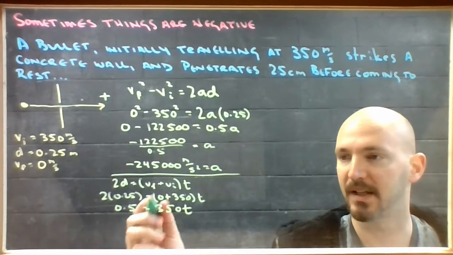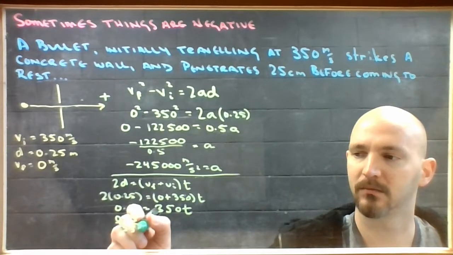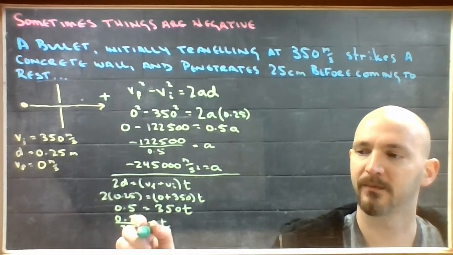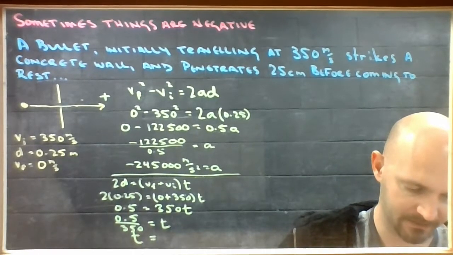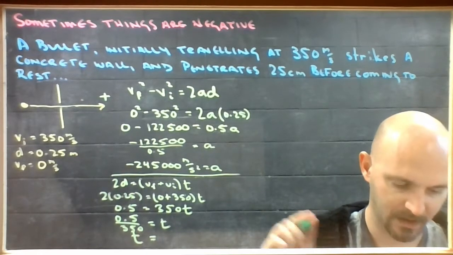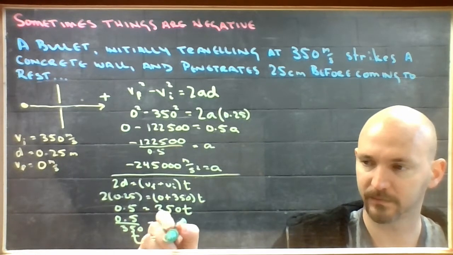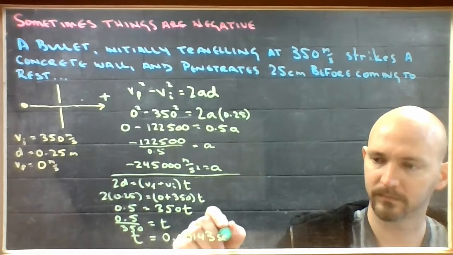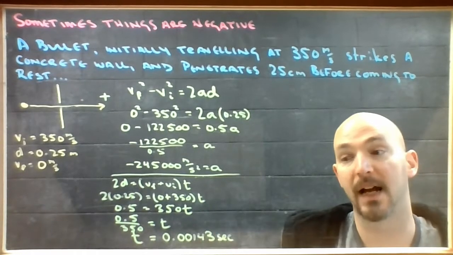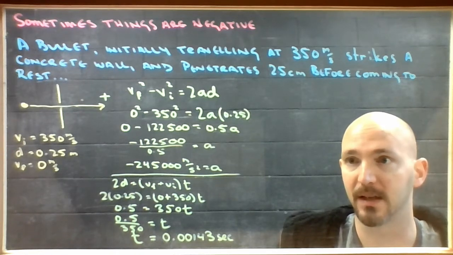And divide both sides by 350. Time ends up being 0.5 divided by 350, 0.00143, which is 1.5 milliseconds. That seems about right for a bullet slamming into something.